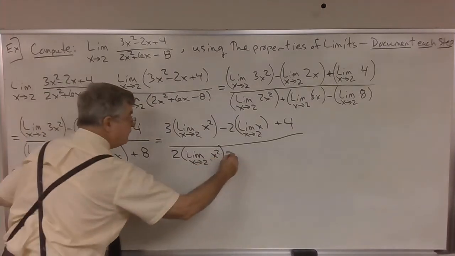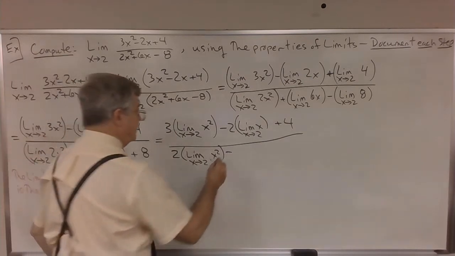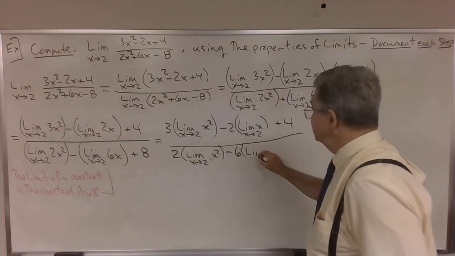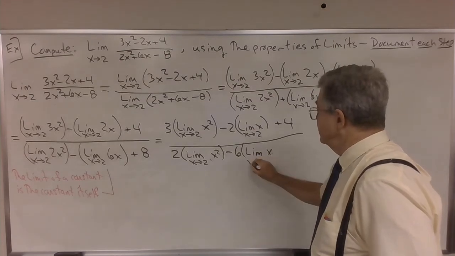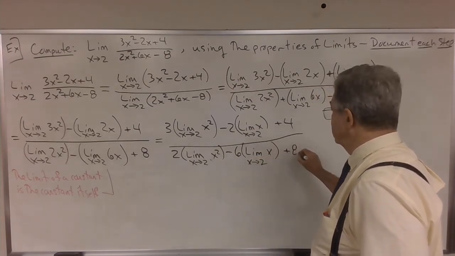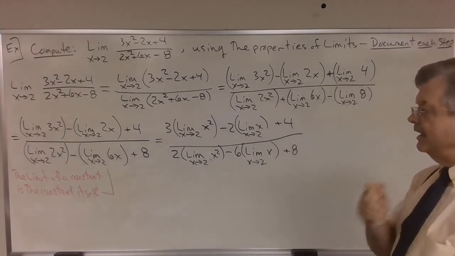minus, we have the limit of a constant 6 times the function x. We can write that as the constant 6 times the limit of the function x, 6 times the limit of x. And we will document that.